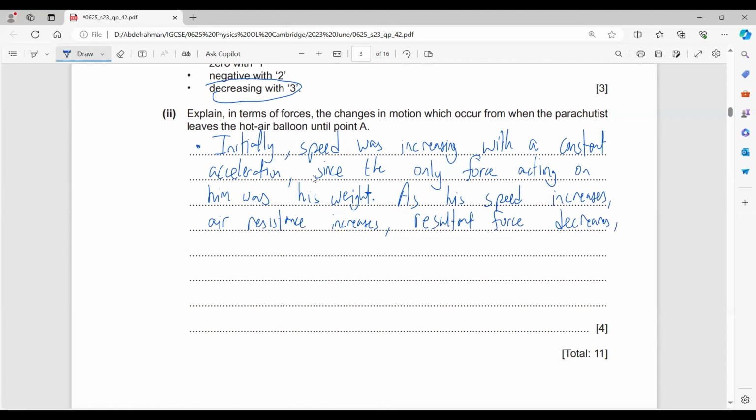A resultant force decreases. We can say that his speed increases with a decreasing acceleration, until the air resistance becomes equal to his weight.